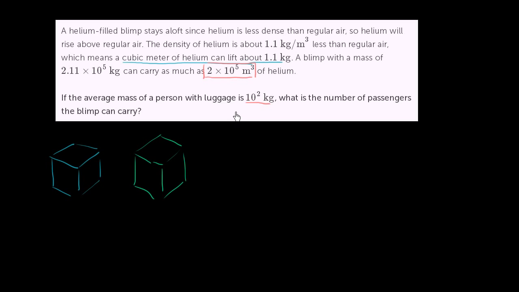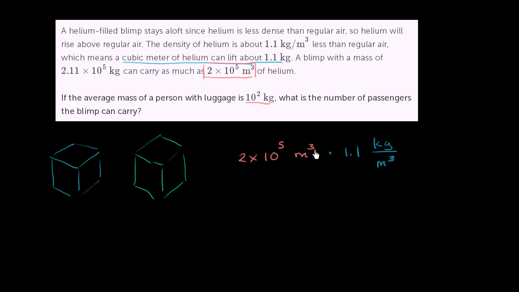So I'm assuming you've given a go at it. So the first step is to say, look, we have 2 times 10 to the 5th cubic meters of helium, and a cubic meter of helium can lift 1.1 kilograms. So we could say that we can lift 1.1 kilograms per cubic meter. So what is this going to give us?